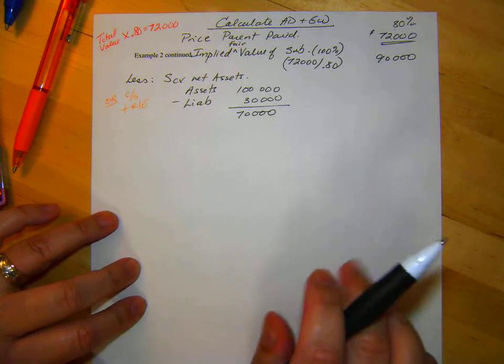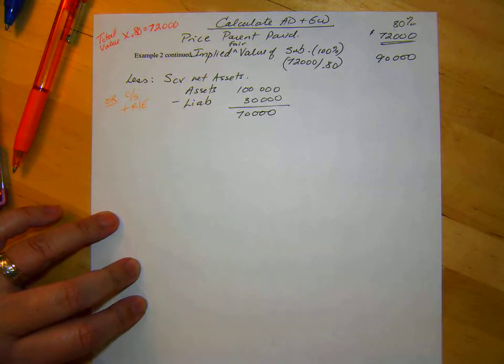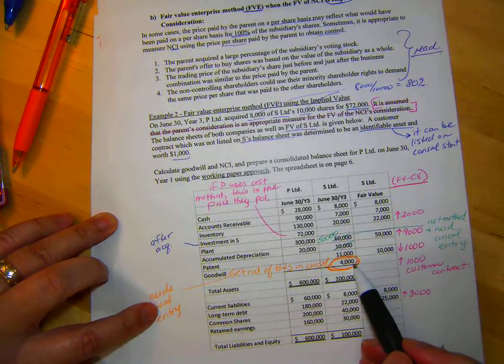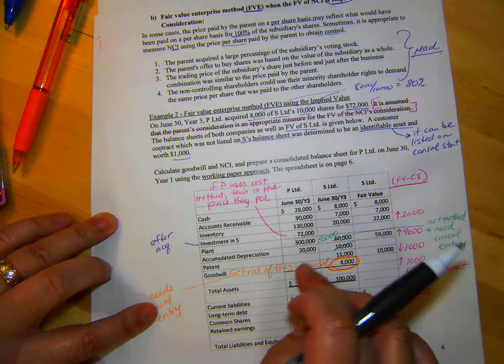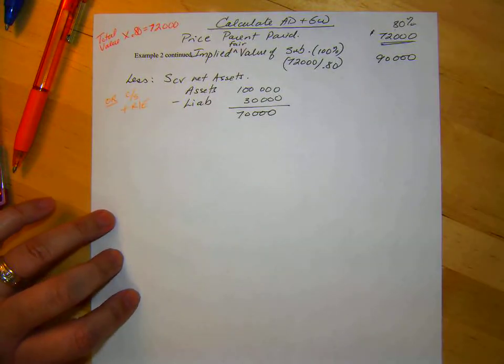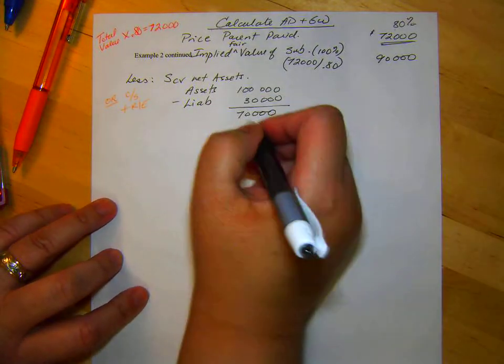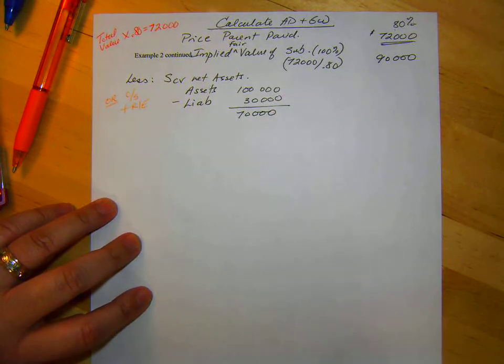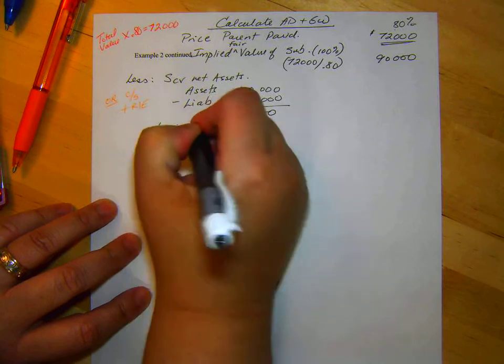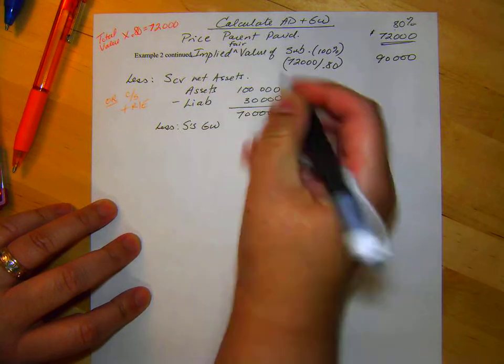Okay, remember there was a goodwill sitting there in the sub's books? We've got to get rid of that because it's absorbed when we do the consolidation. They can't have goodwill. We've got to get rid of it, so that it ends up in our goodwill. So we're going to take away less sub's goodwill.